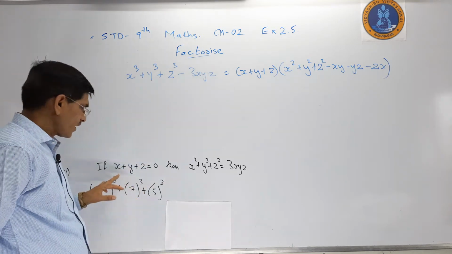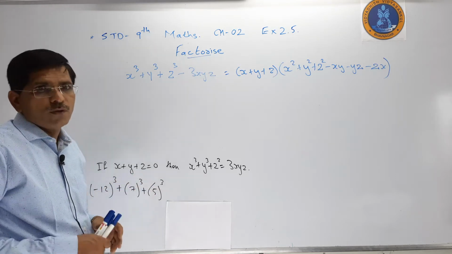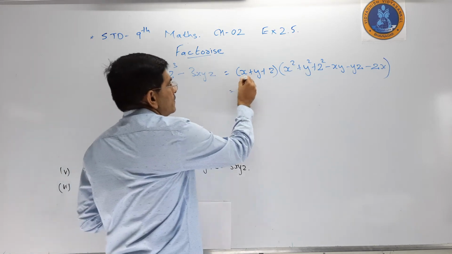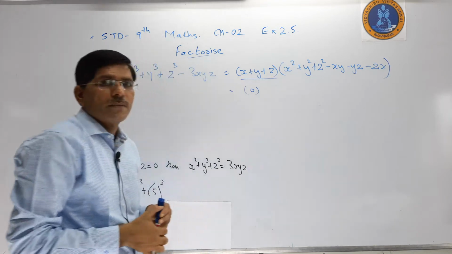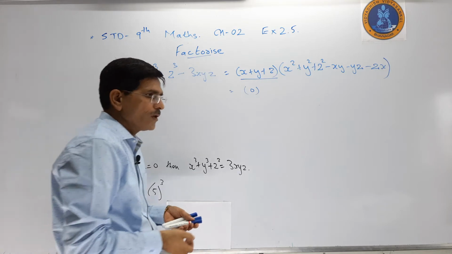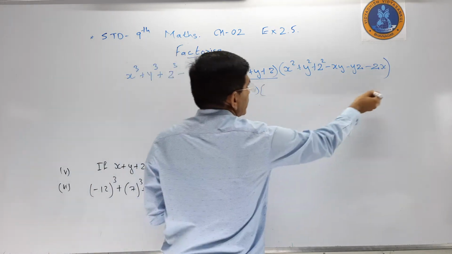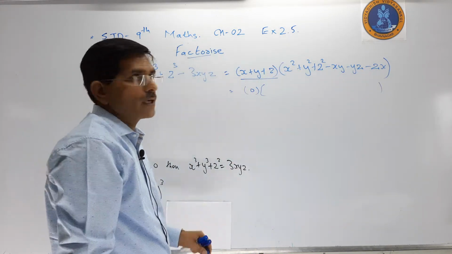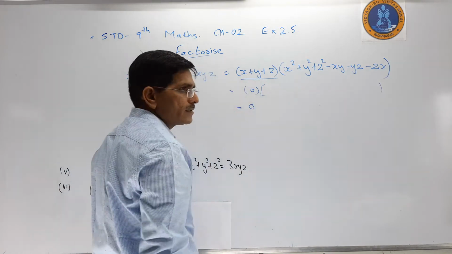The question is, if x plus y plus z is equal to 0, so if I put 0 here, 0 multiplied by any number, the answer is 0. So here all the terms I have to write again, but 0 multiplied by any number, the answer is 0.